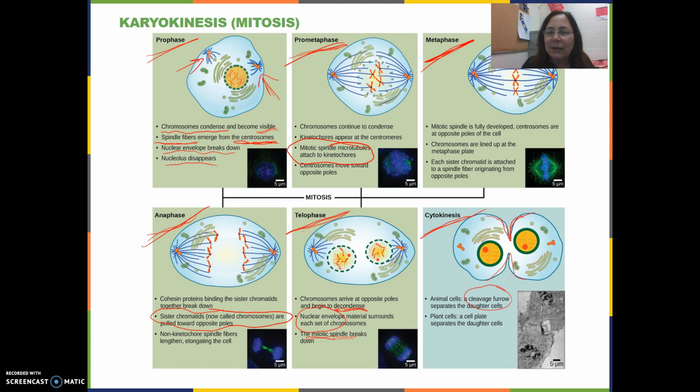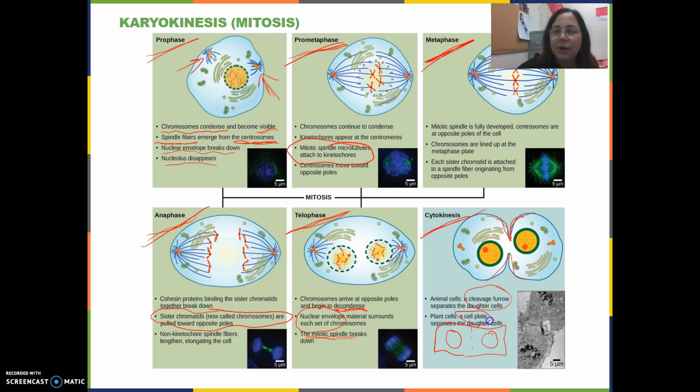And in plant cells, a new cell plate will form between the two plant cells. So if this is a plant cell and these are the two new sets of chromosomes, under the microscope you're going to see a very faint cell plate that will eventually become the cell wall between the two cells.